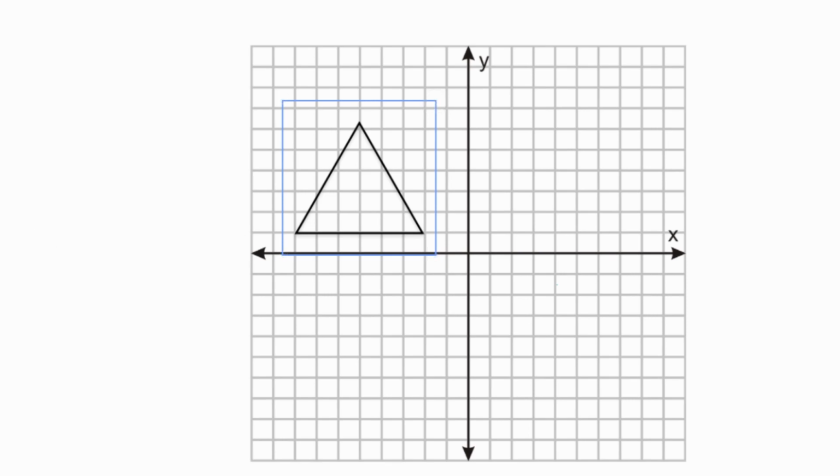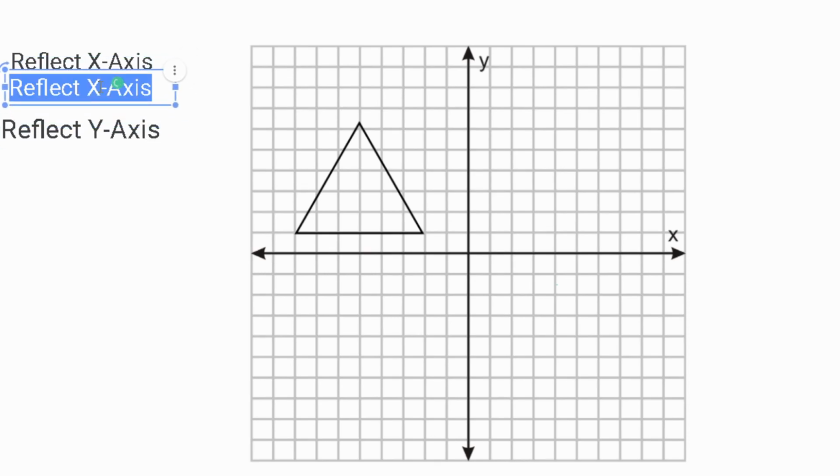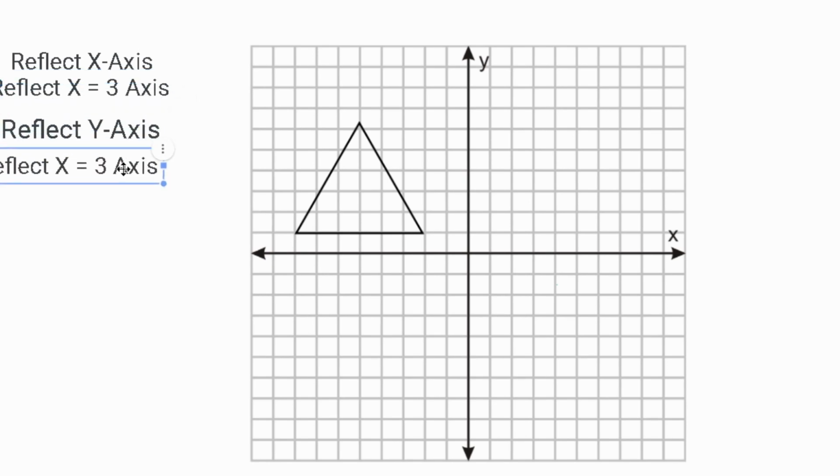So the first one is going to be reflect over the x-axis. I'm going to have 3 reflects: over the x-axis, then x equals 3, and I'll actually do y equals x as well.